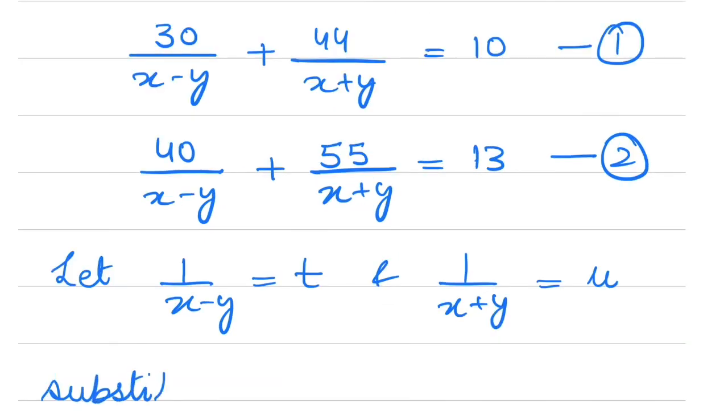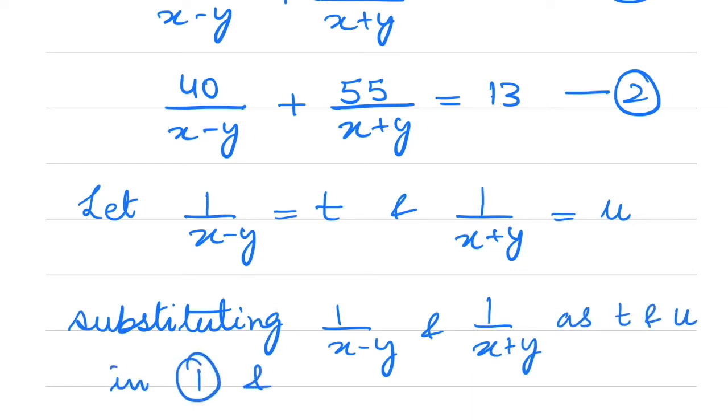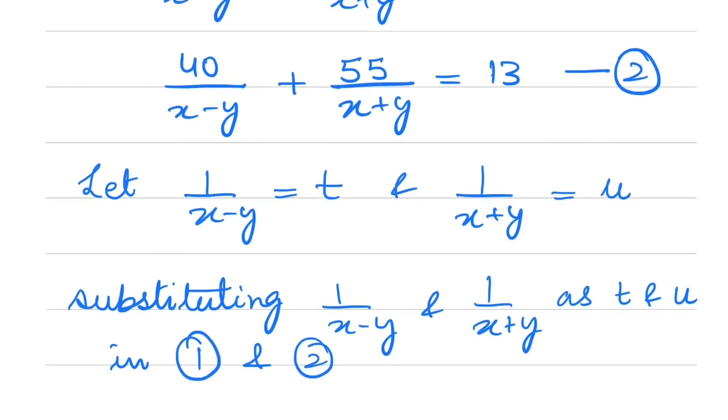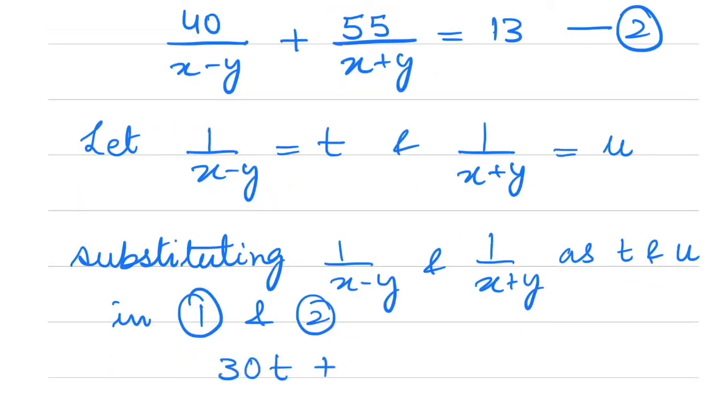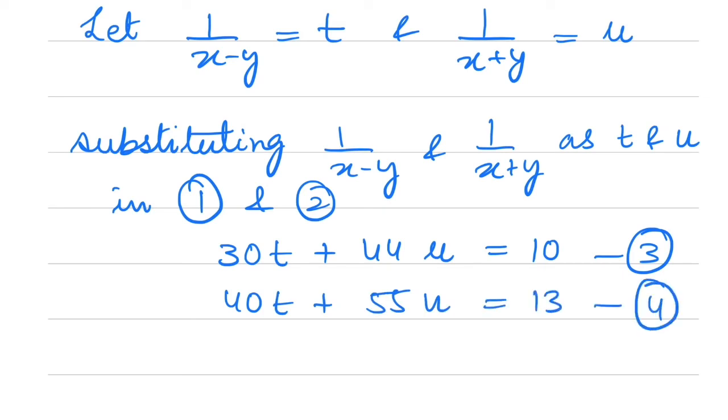Substituting 1 by x minus y and 1 by x plus y as t and u in the first and second equations, we get 30t plus 44u is equal to 10. Third equation. And we'll have 40t plus 55u is equal to 13. Let it be the fourth equation.